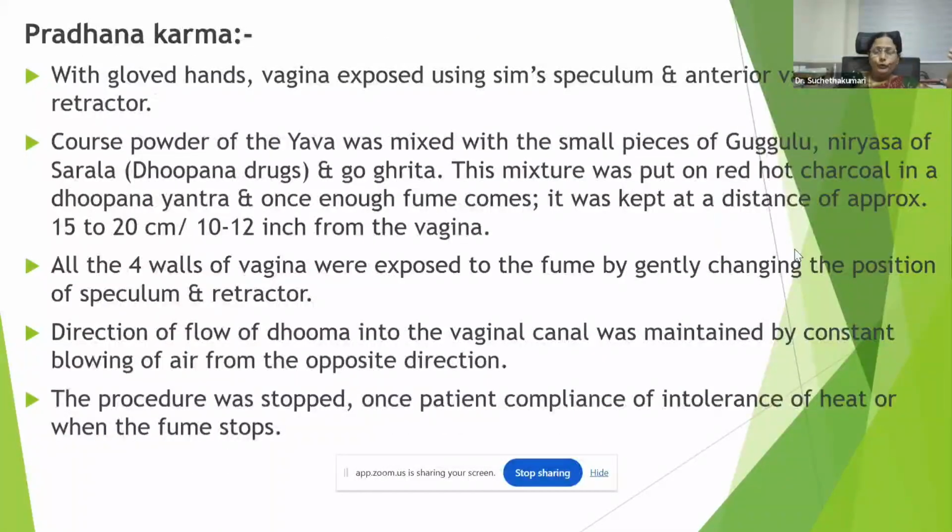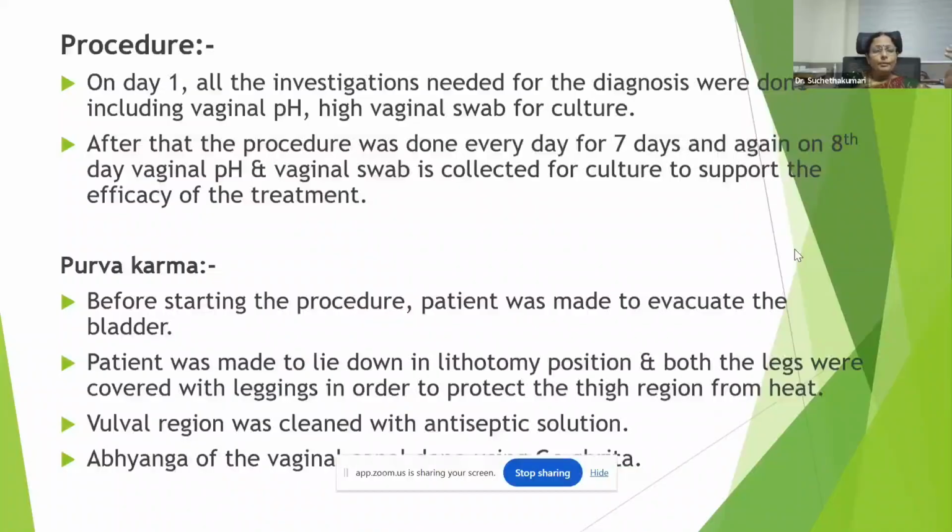So here, before the Purva karmas, the routine Purva karmas for the Sthanika procedure. The patient has to evacuate the bladder and lie down in the lithotomy position. Here we have to take care that the legs are covered with leggings.